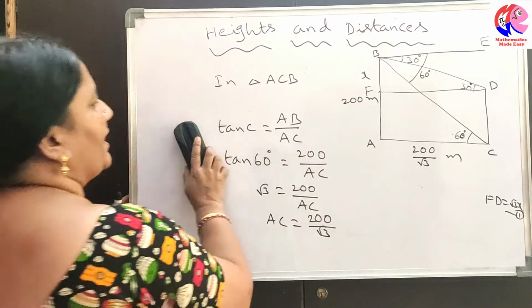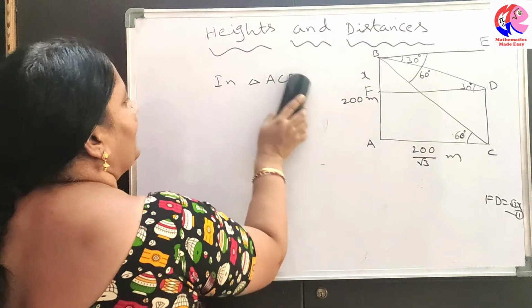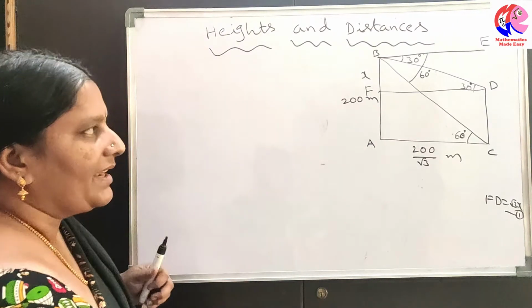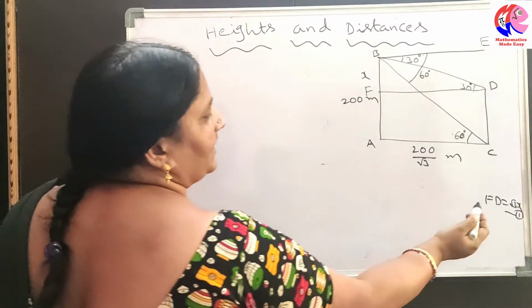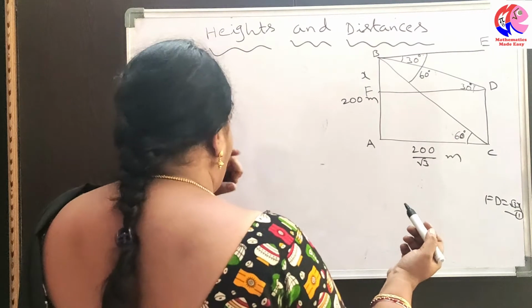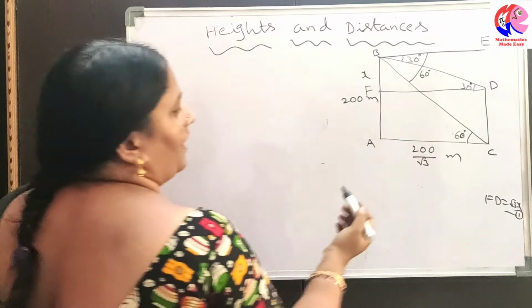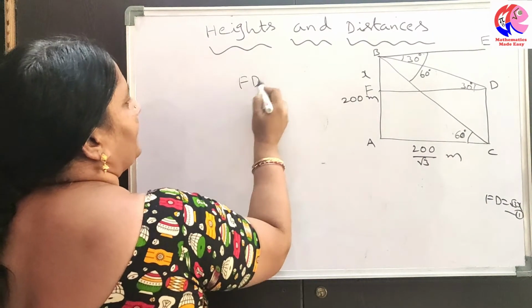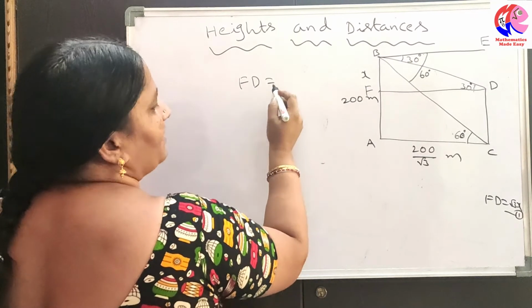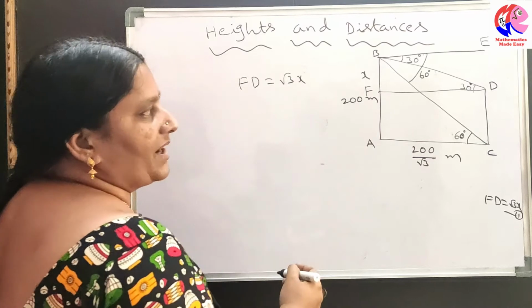Now we have to find the measure of CD. For finding the measure of CD, AF measure and CD measure both are equal. And FD is equal to root 3x we got. And AC measure is 200 by root 3.